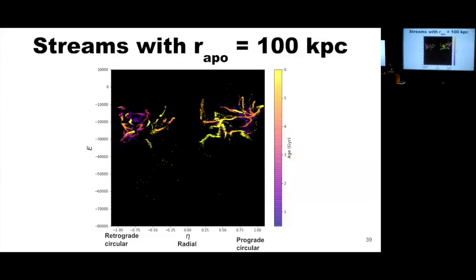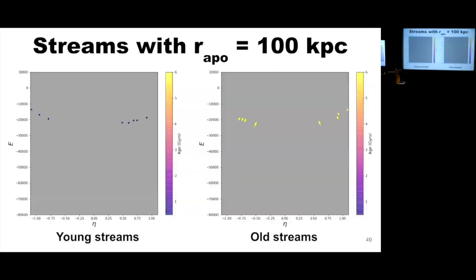Now, if you again zoom into the outer orbits and look at those streams and color them by their ages, yellow being the oldest streams, star particles. And we can also categorize them into just the youngest and oldest streams.